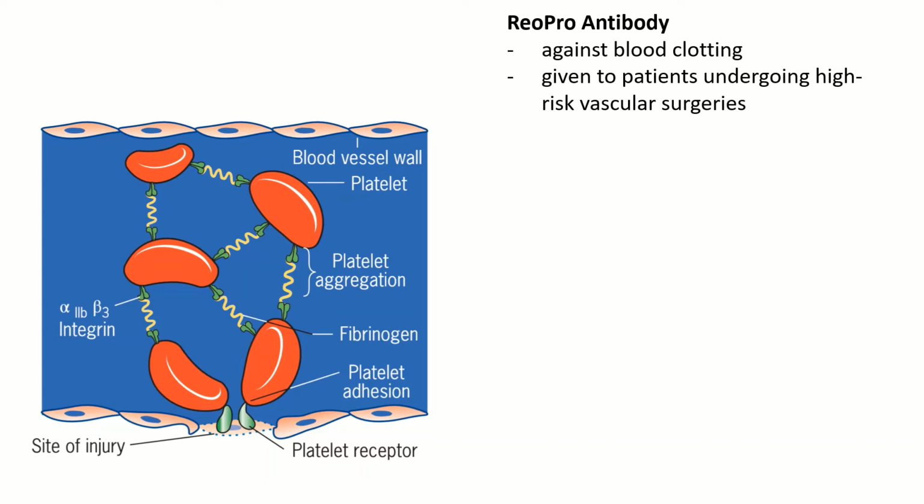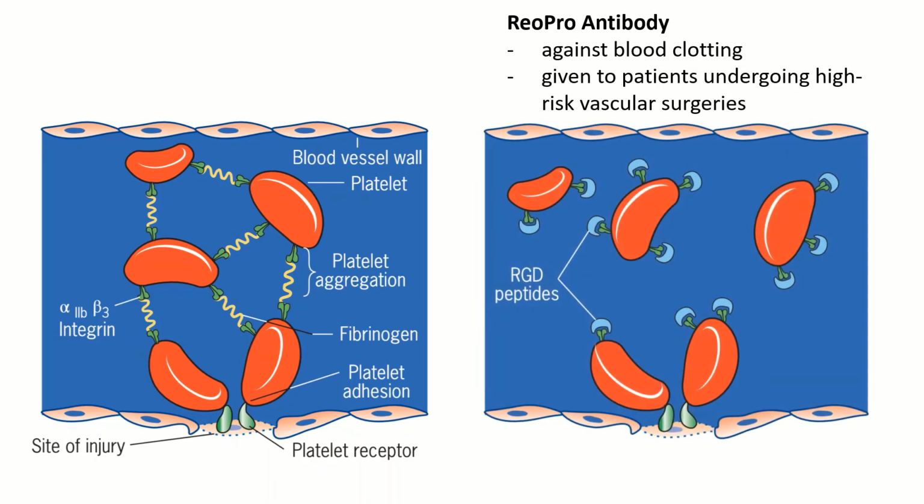To prevent that, there is a drug, ReoPro, in the form of an antibody, which can block the integrins in the red blood cells from catching onto the fibrinogen, which they normally do when there is an injury. So blood clotting here will be prevented.